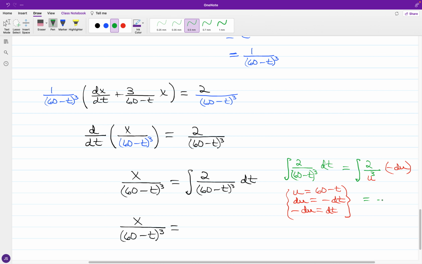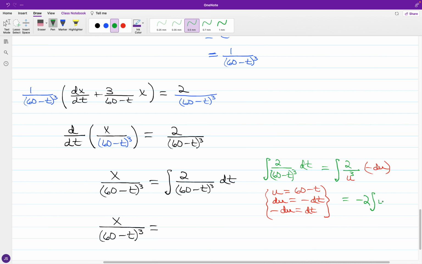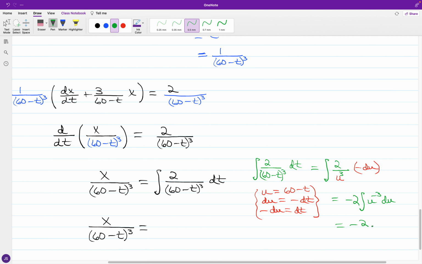So right now we'll have the negative of 2 times the integral of u to the negative third du. And for the antiderivative, we have negative 2 times u to the negative 2 over negative 2, followed by the constant.